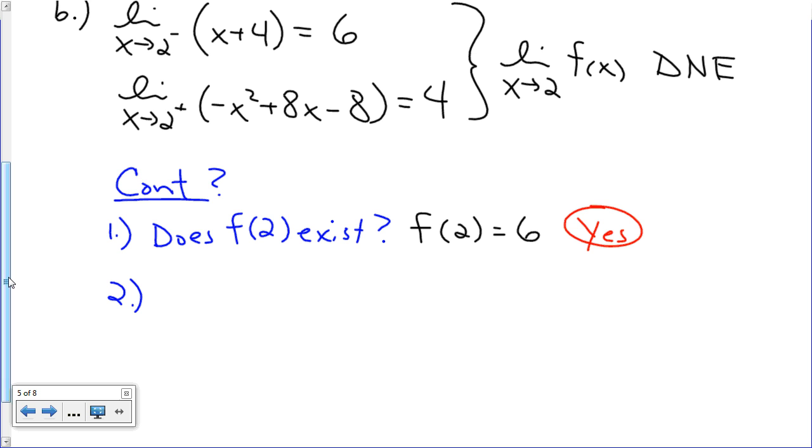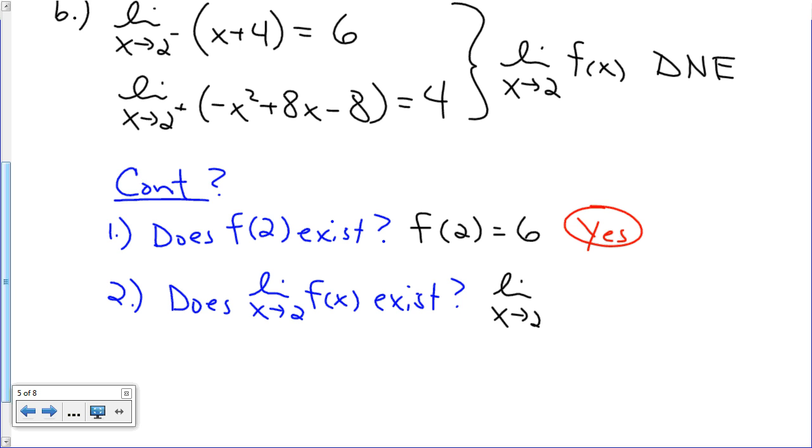The second question is, does the limit as x goes to 2 of f of x exist? And actually, we already did the work for that up above. We found that the limit as x goes to 2 of f of x does not exist.